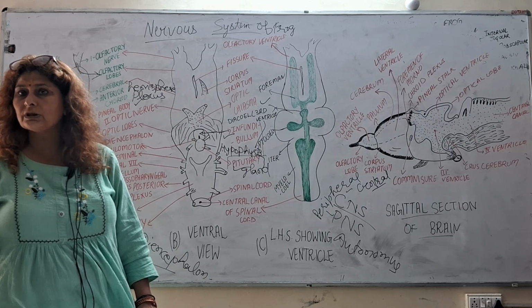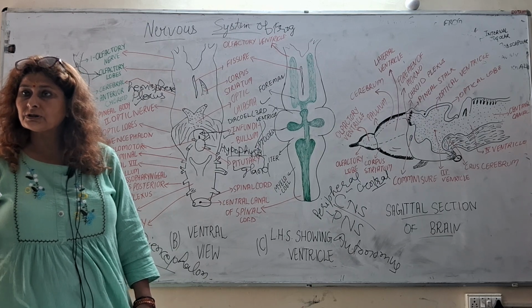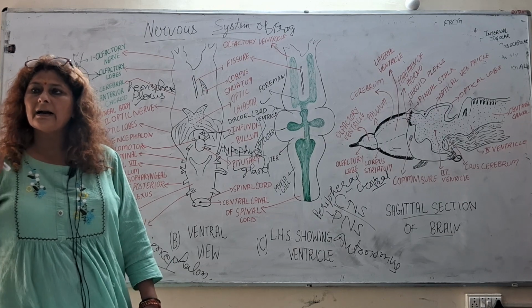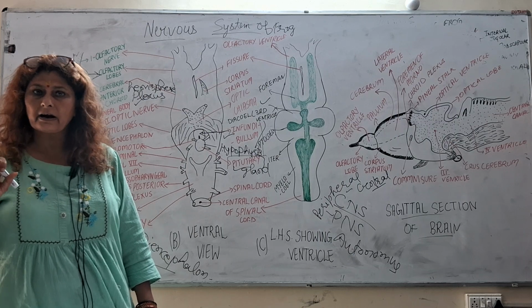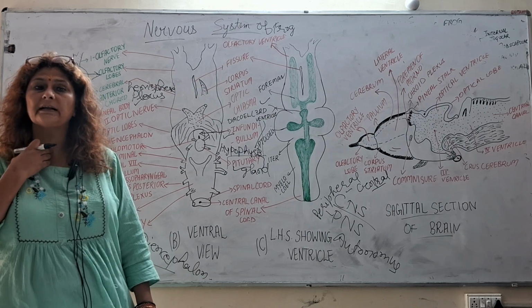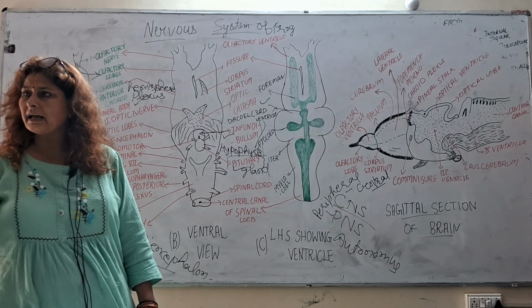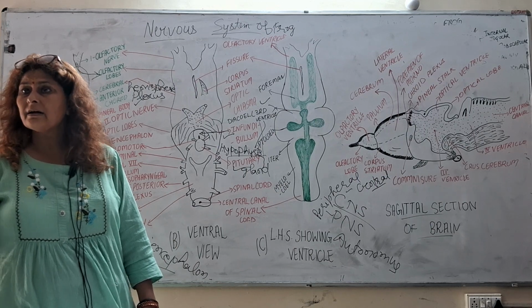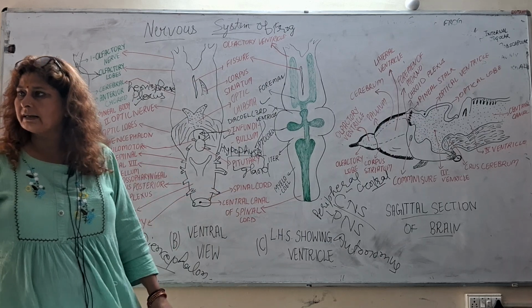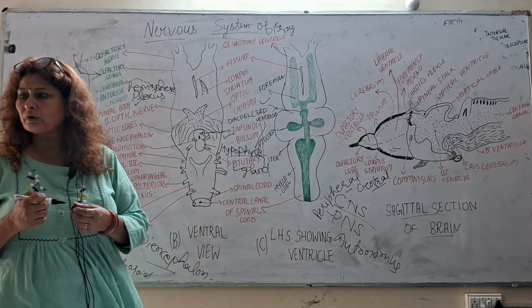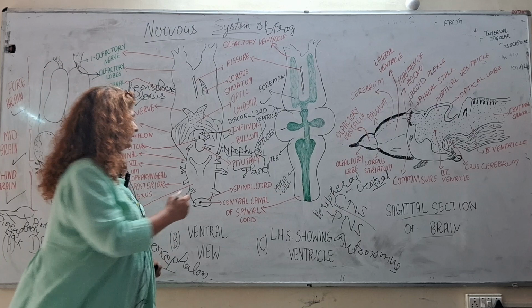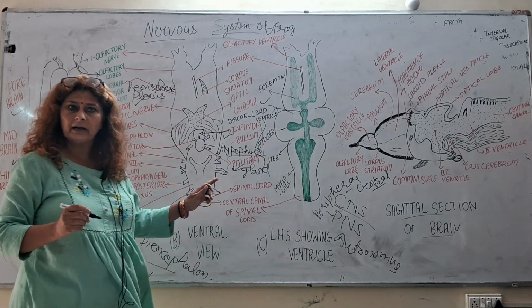As we all know, this pituitary gland is a master endocrine gland which controls other endocrine glands like thyroid, parathyroid, then pancreas. Who controls all of these? The pituitary gland. And what comes out of it? Secretions. It is a pituitary gland.